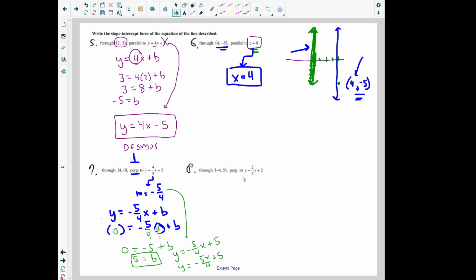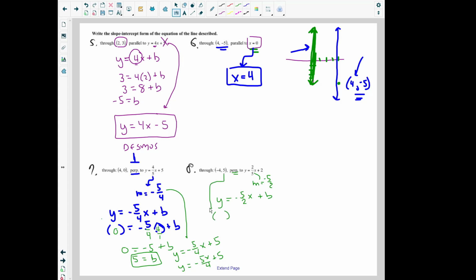Okay, again, another perpendicular, so that means we're going to take this slope from this line, which is 2/5, and flip it and change the sign, negative reciprocal. So it's going to be negative 5/2. And then we're going to take our y equals mx plus b, and we're going to plug in that slope. And then we're going to replace x and y with the values from this point, right?